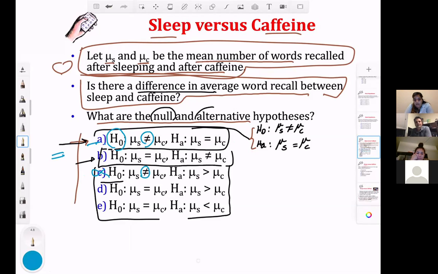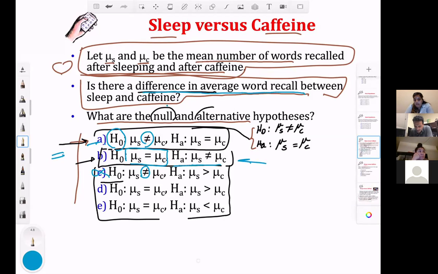What about B? Null hypothesis said they are equal. Alternative said they are not equal. So this is the correct one. It said, is there a difference in average words recall between sleep and caffeine?